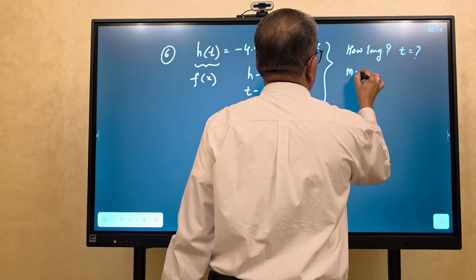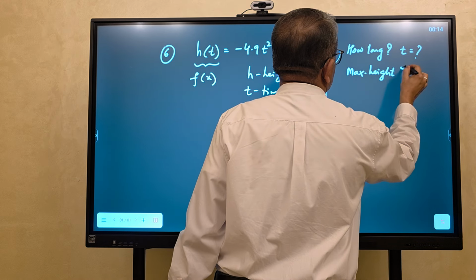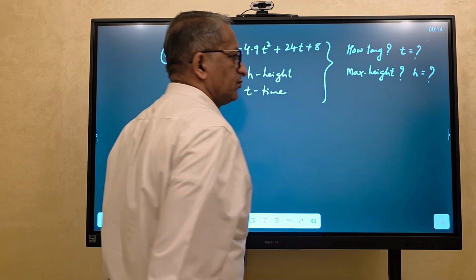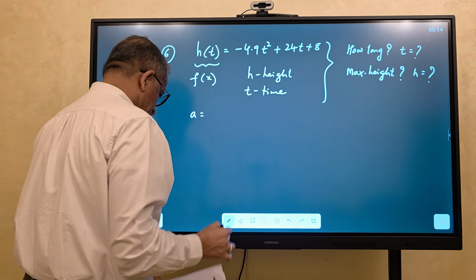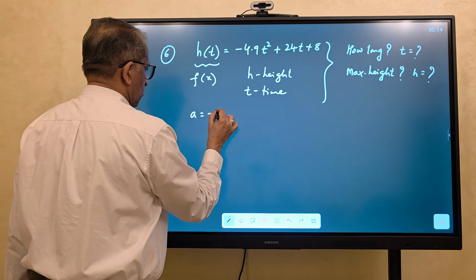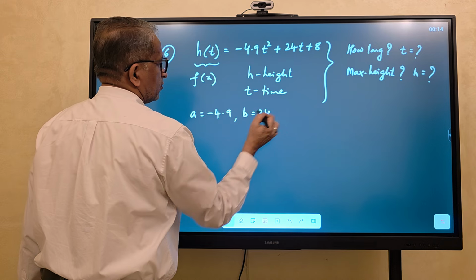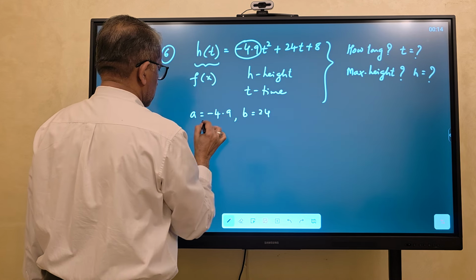So that means, what is the maximum height? That is h, I have to find. And here, just see, what is a here? Minus 4.9, b is 24. Minus 4.9 is a.